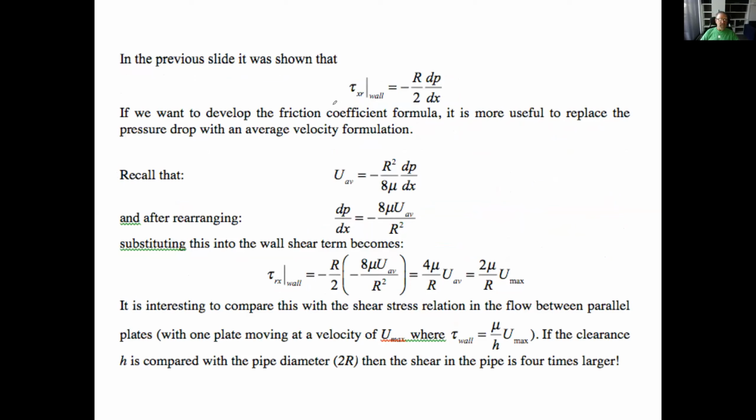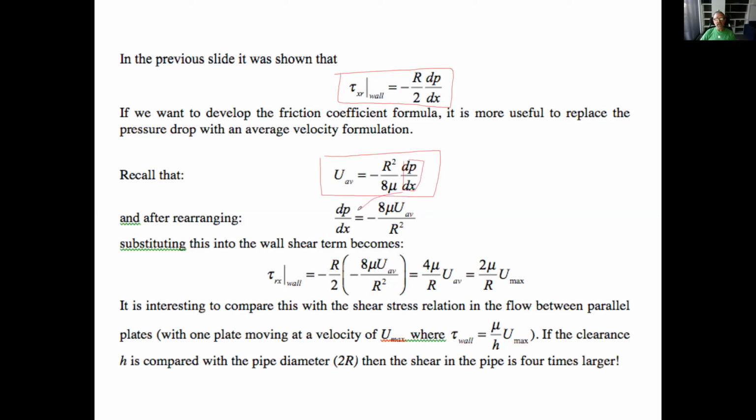Again, I copied over what we generated last time. This is just a little anecdote. Then we had the formula for the average velocity. And then I'm solving for dp/dx.